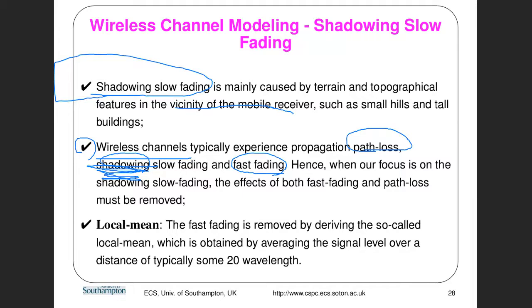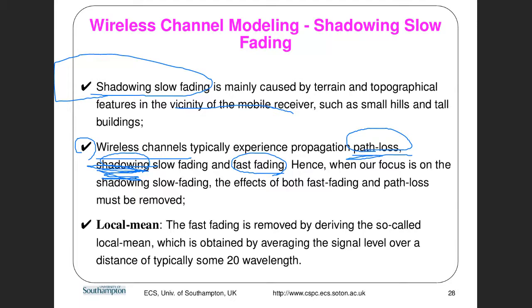For path loss, after we know the distance between transmitter and receiver, we know which model we want to invoke, like either free space path loss or Hata's model or the two-ray model. Then we can calculate this path loss. This path loss is supposed to be compensated for at the transmitter, so you increase the transmit power so that this path loss is compensated.